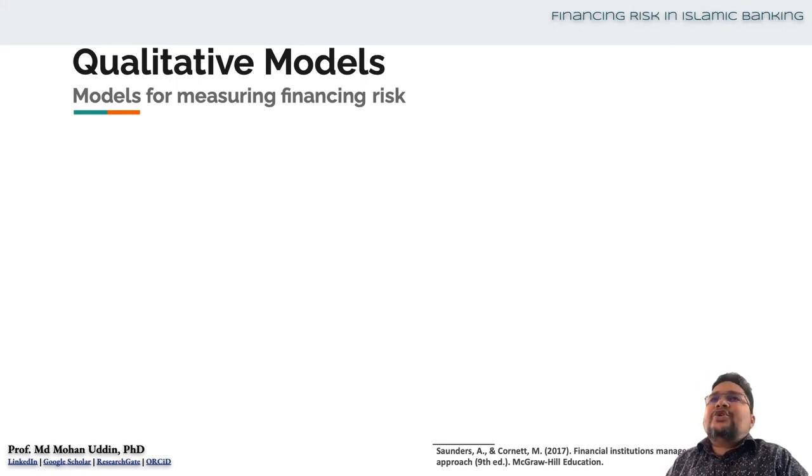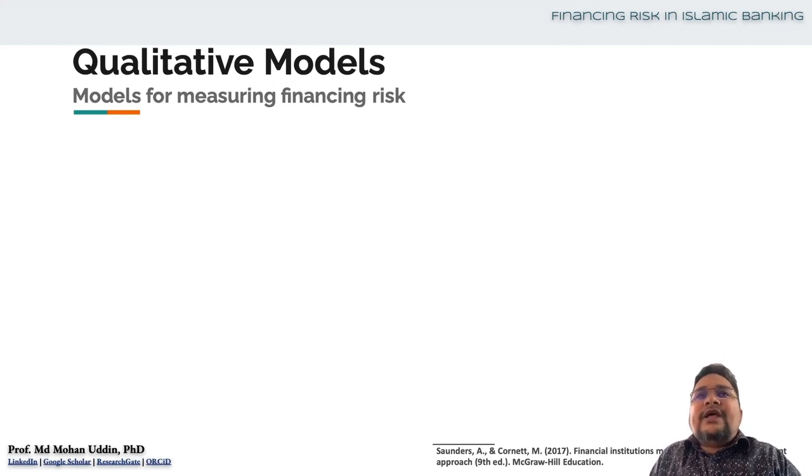Which customer should be set stricter terms of funding? Which customer should be more monitored? These kinds of decisions actually depend on the degree of financing risk associated with each and every customer.